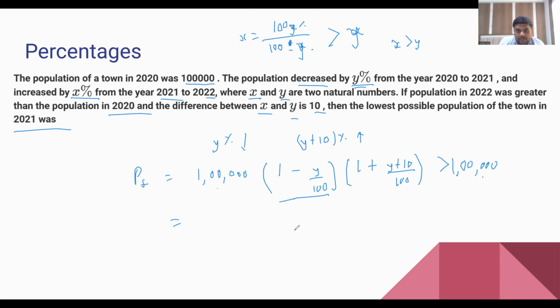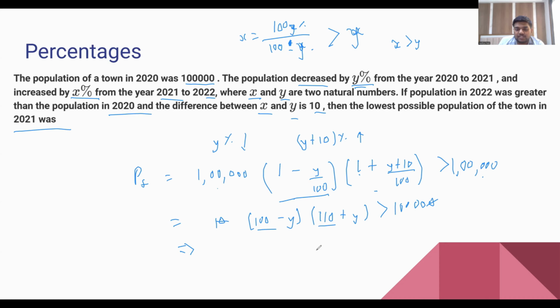Multiplying by 100 over here gives us 100 minus y. And multiplying by 100 here gives us 100 plus 10, so 110 plus y. Into 4 zeros will be taken down. So 10 into this is greater than 1 lakh. Okay, so 10 is cut out.